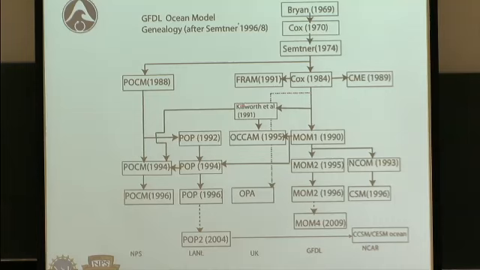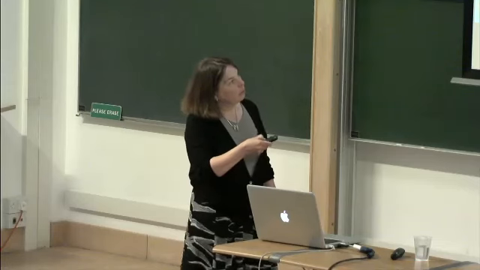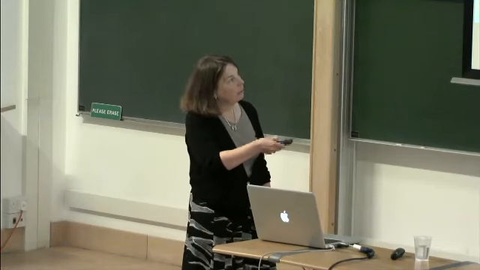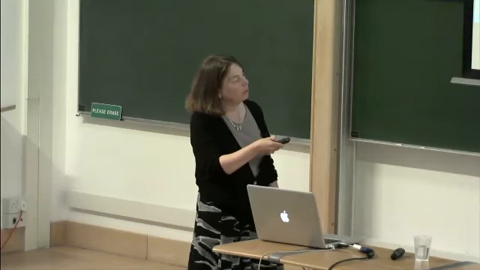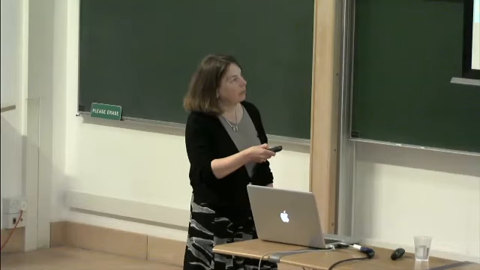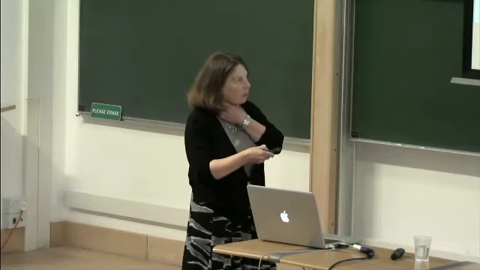Here is the UK set of models, and then the GFDL MOM models had their own line. Then the NCAR set of models, of course, were running on a Cray at this time, and then we had the switch in computer architecture, and they decided to use the POP model in their new generation of climate models, the CCSM and CESM.